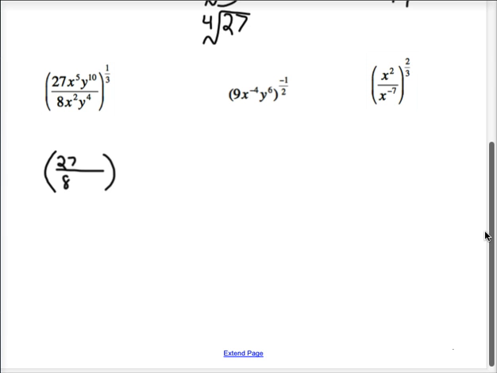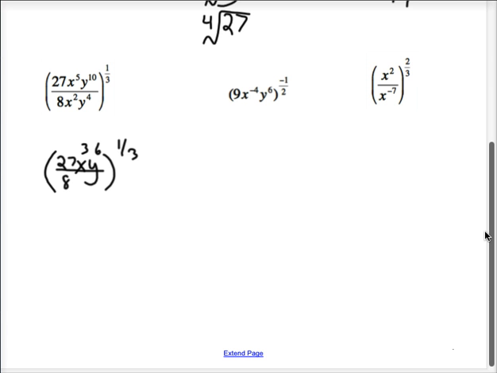Remember, when you're dividing, you subtract exponents. 5 minus 2 leaves us with an x to the 3. Y to the 10 divided by y to the 4, 10 minus 4 leaves us with a y to the 6. So again, to clean it up, the first thing that I did, just reduce the fraction. I combined those variables together because now I have less to worry about.